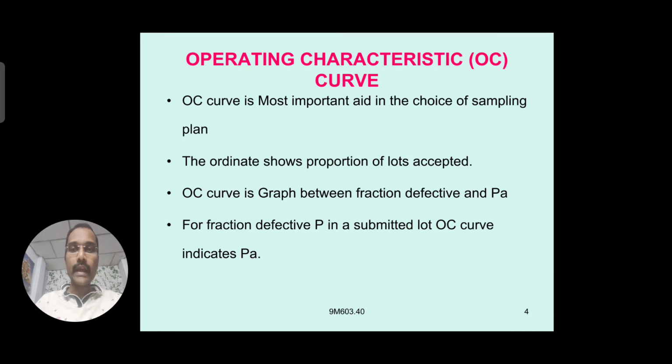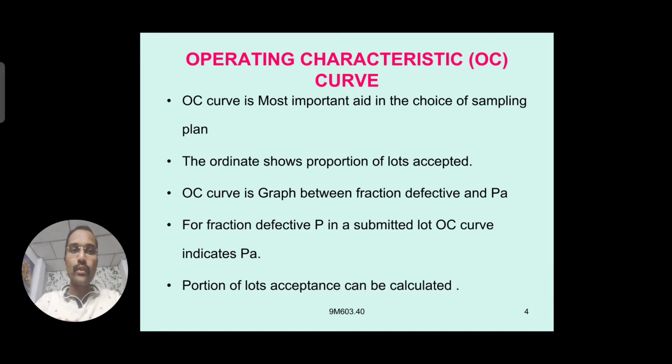So in a submitted lot, the OC curve indicates the probability of acceptance. Depending on the fraction defective, we can get some idea of the probability of acceptance from this operating characteristic curve. So let us focus deeply on that. By looking at the graph, we can get some idea of what it is indicating.